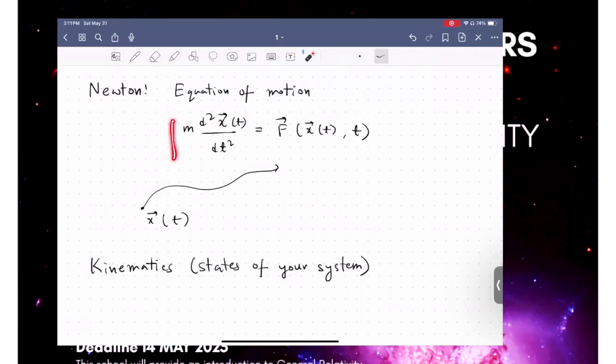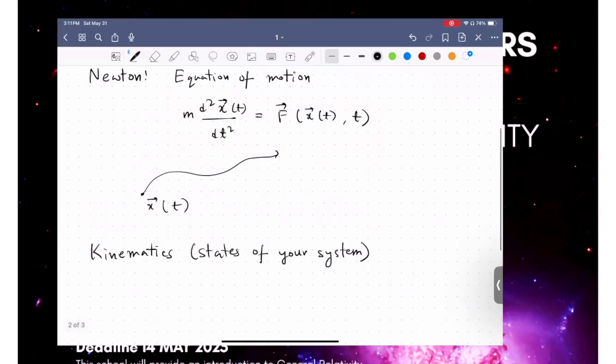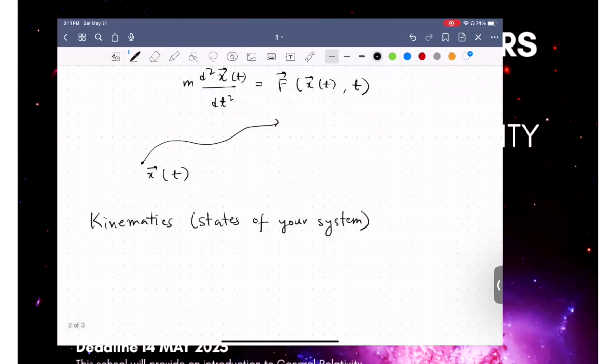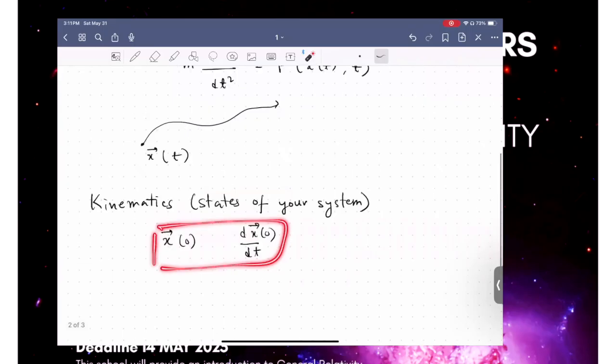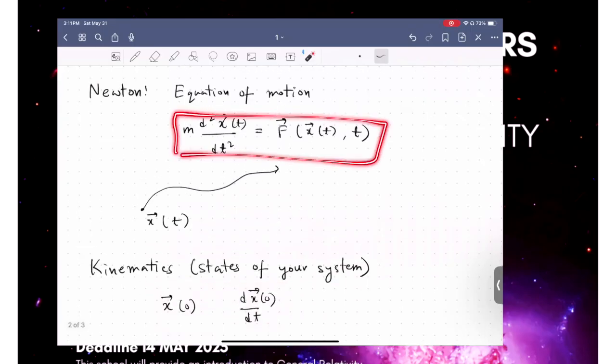Recall that if you want to solve a second-order differential equation like this, you have to provide some initial conditions. So what are the initial conditions? The initial conditions are the position of the particle at time t equals 0 and the velocity of the particle at time t equals 0. So given this initial data, you can find a unique solution to this equation.